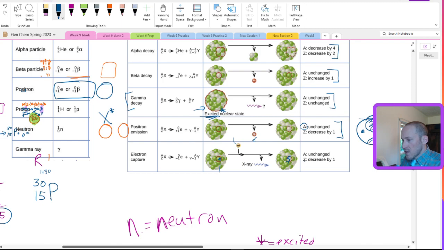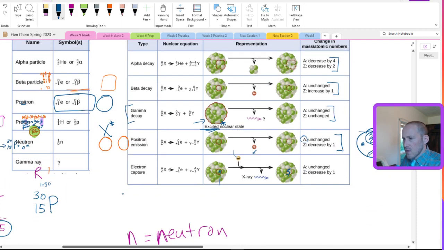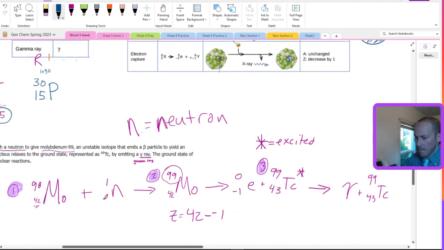We decrease our Z by 1. We have our thing, and it's plus an electron. And it's, wait. Y minus 1, Y. Huh. Kind of strangely written. But yeah, I think this is going to be electron capture. Let's try that.